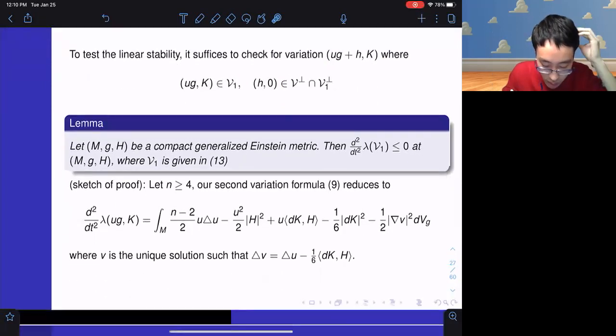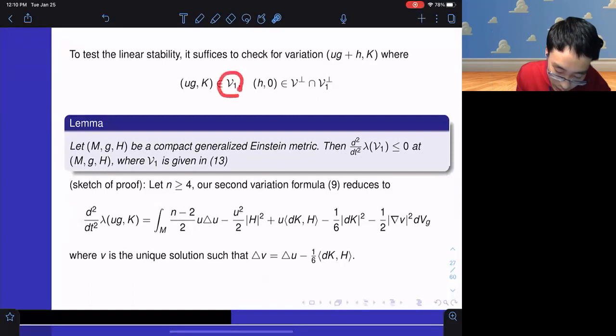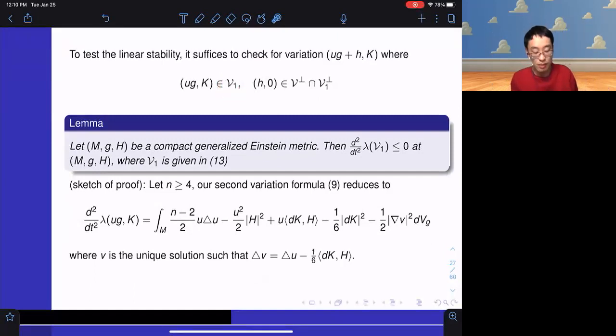Okay, so let's check it. The first thing we want to check is that the second variation lying in this V1 part is always non-positive, without any condition.